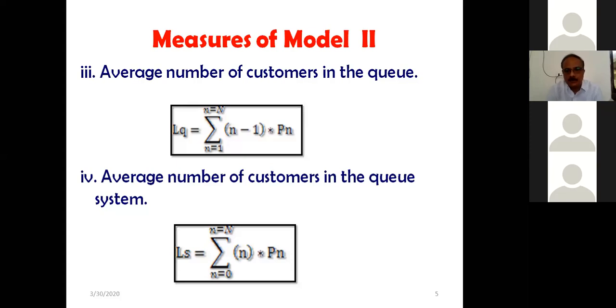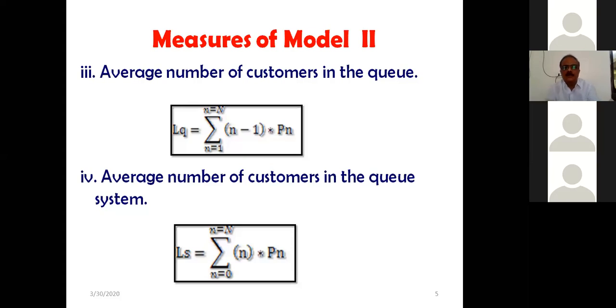Now the next measure of the system is the average number of customers in the queue system. Now you can see the difference between the average number of customers in the queue and the average number of customers in the queue system. It is quite clear that if you consider a system, the total number of customers in that system is always equal to the number of customers in the queue plus one, that is the customer who is getting a service.